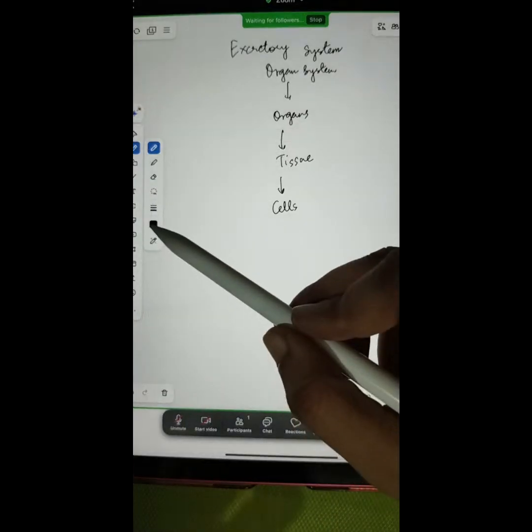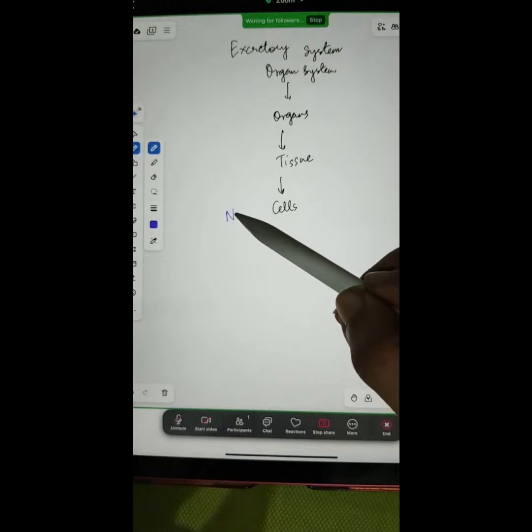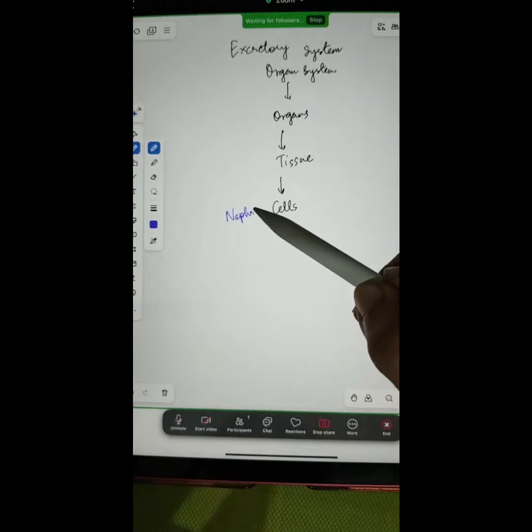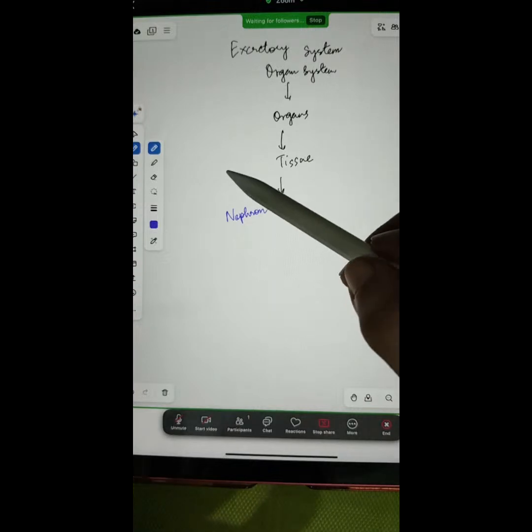So the structural and functional unit in the case of the excretory system is going to be the nephron. Do not confuse it with the neuron or nerve cell, because that is the structural and functional unit of the nervous system. Here we are talking about the excretory system that will help in excretion. So the structural and functional unit of this system is the nephron.